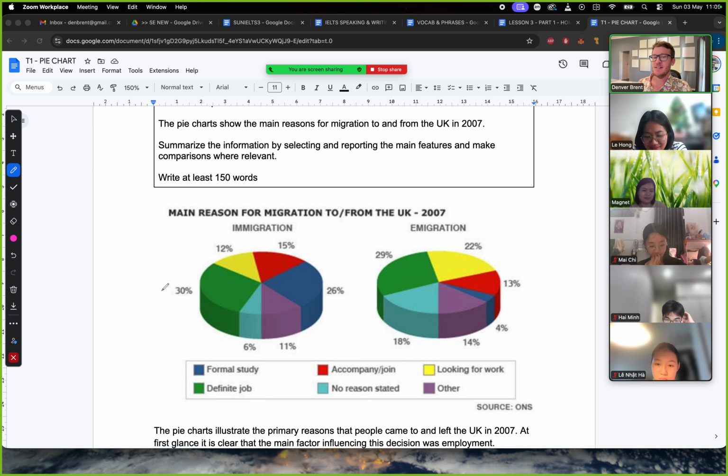Anyone? First thing. Write about the big portion. Like I have noticed about the green part. Yes. I compare. This, you'll write about this and this.